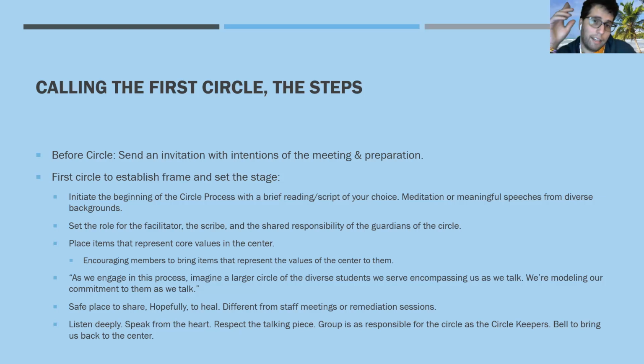And then I like this line that was talked about in the book. As we engage in this process, I want us to imagine a larger circle of diverse students we serve that encompass around us and are watching us as we talk. Keep in mind that they're looking at us, and we want to model our commitment to honesty, connection, integrity with them as we talk.